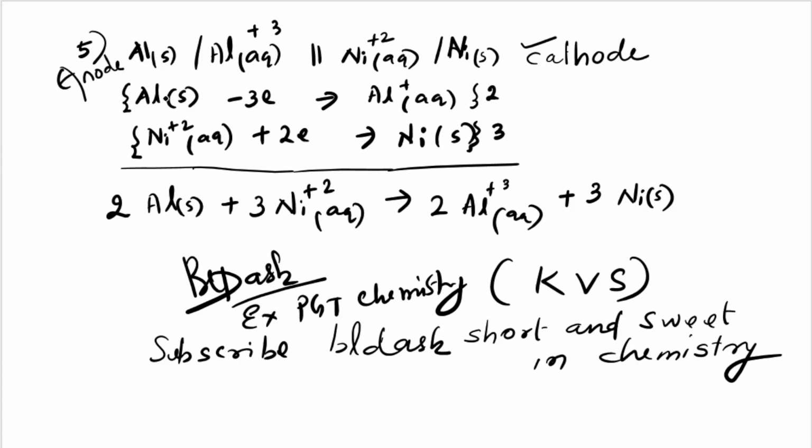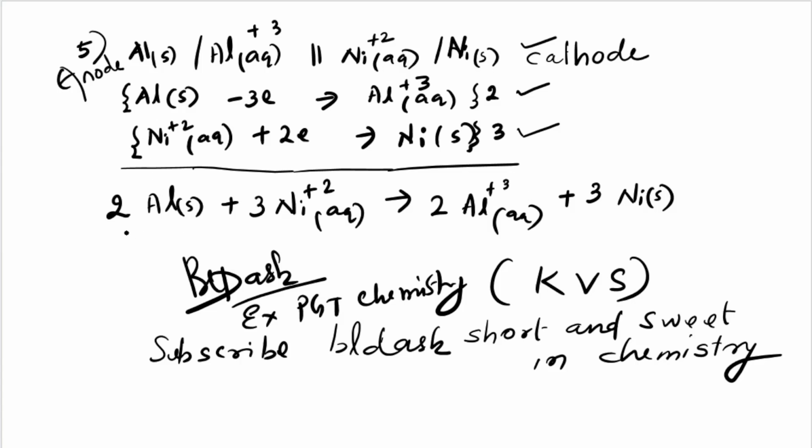Anode means losing electrons. Aluminium is losing 3 electrons, Al+3, and similarly this side is the cathode, because Ni+2 receives 2 electrons. But these electrons are not balanced: one is 3 electrons, the other is 2. How can you balance them? The first half cell is multiplied by 2, and the second half cell reaction is multiplied by 3. Then the electrons are balanced, 6 electrons cancel each other, and after that this is the overall reaction.